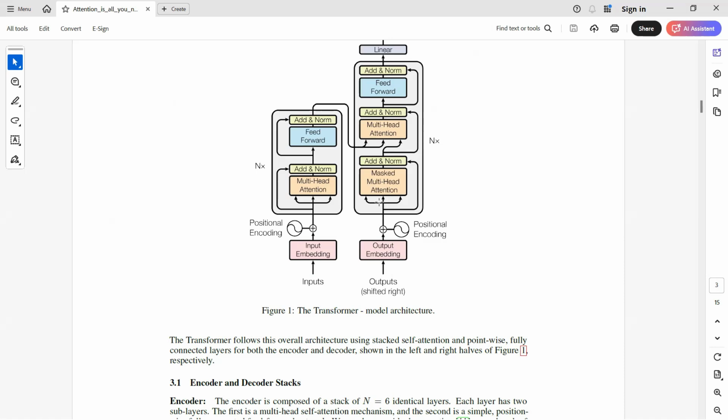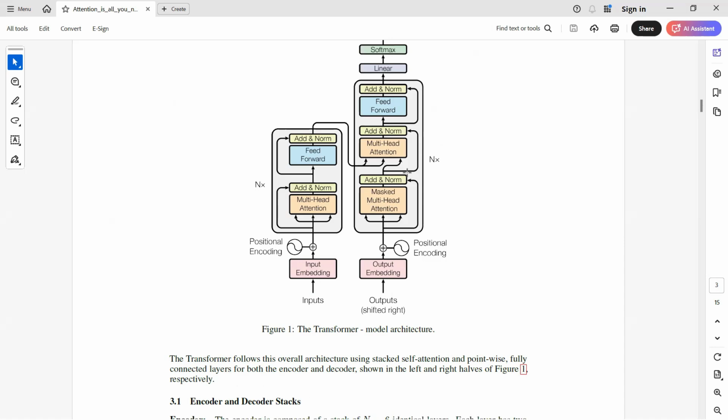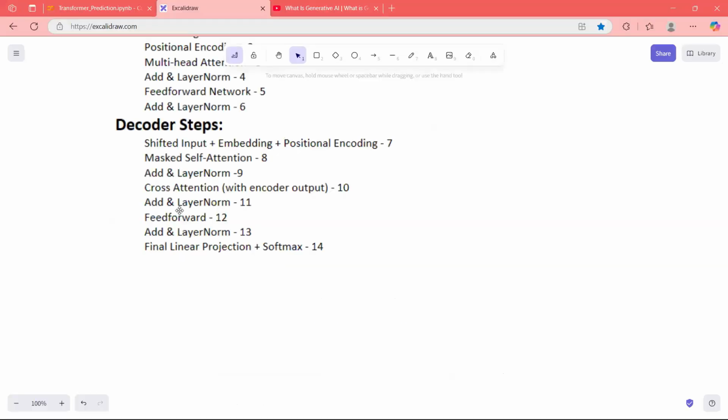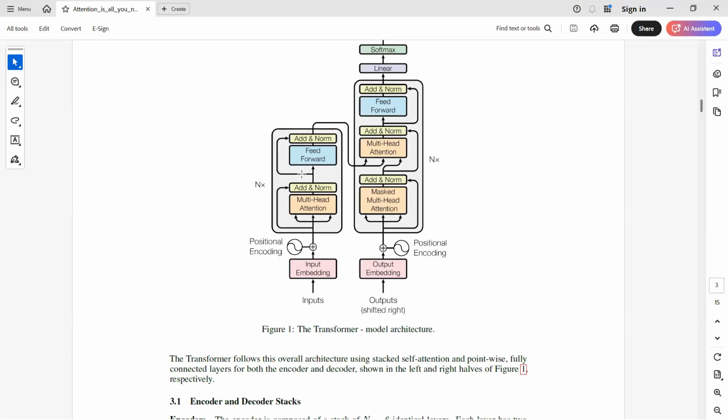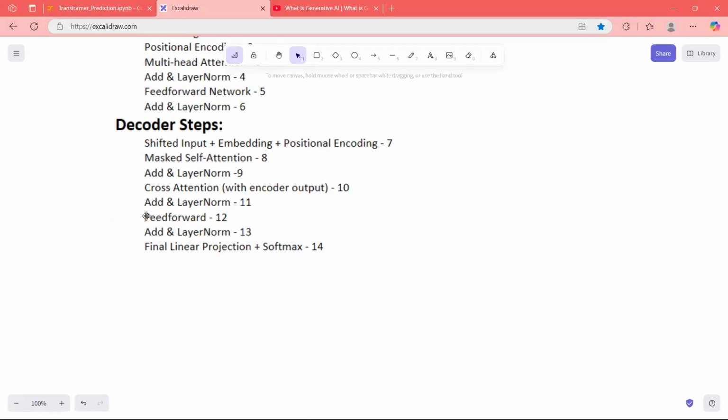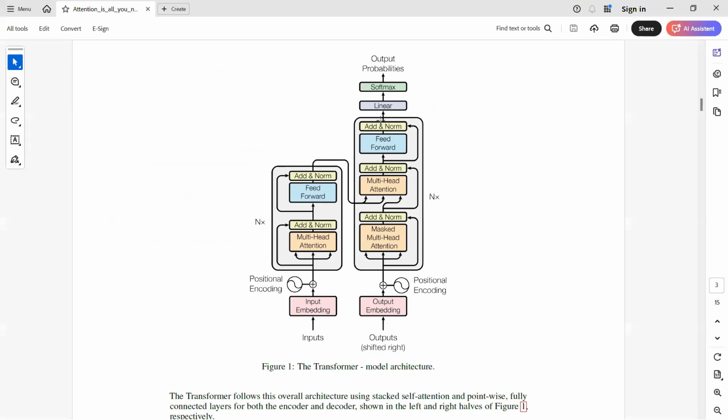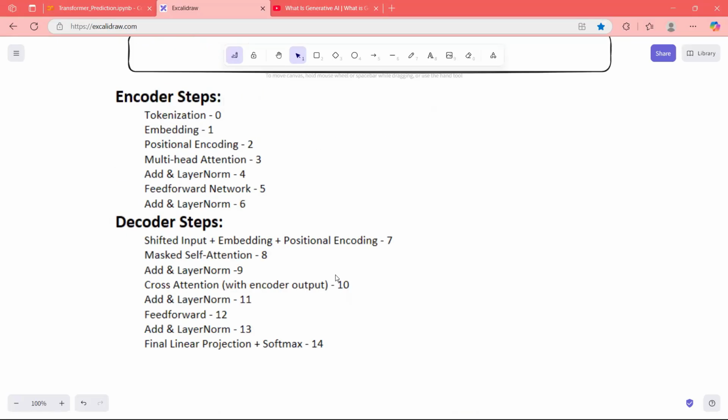Masked self attention is step 8, add and norm step 9, cross attention with encoder input step 10, add and norm step 11, feed forward 12, add and norm 13, and after this the decoder block is over. Linear and softmax I have put in one category. Final linear projection plus softmax is 14.